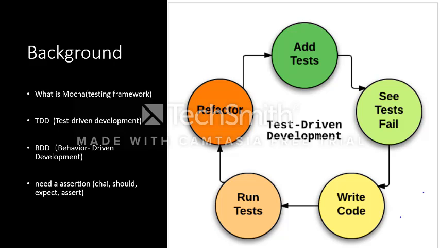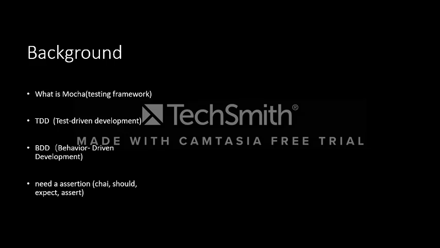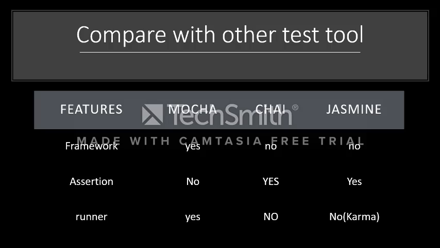Mocha doesn't have any assertion extension, so it should use Chai, because Chai has a lot of assertions, while Jasmine has its own assertions. And Mocha has its own runner, and Chai doesn't have one. And Jasmine should run under Karma, so it doesn't have any runner.